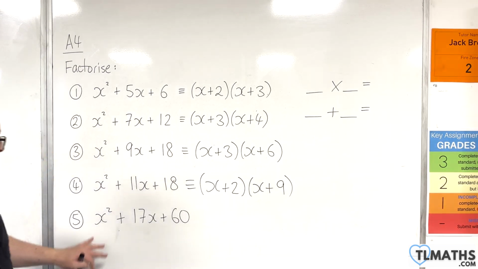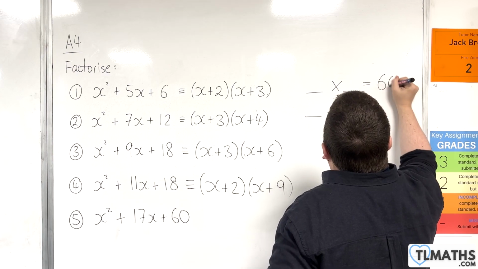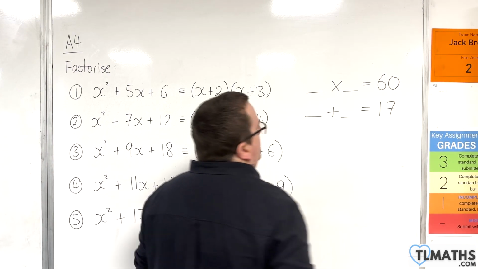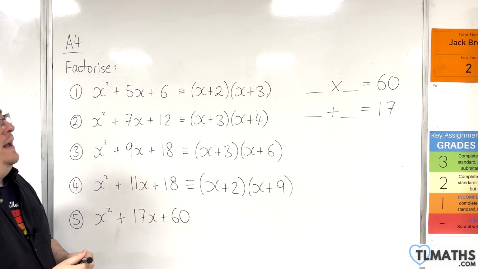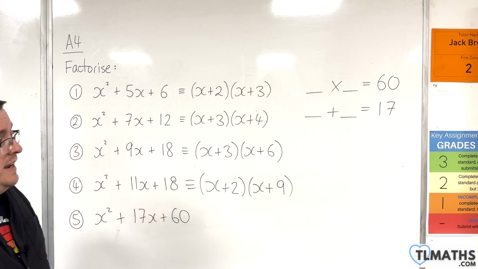Okay, so number 5, we've got x squared plus 17x plus 60. So two numbers that multiply together to make 60, but add together to make 17. Okay, 60 is 3 times 20.